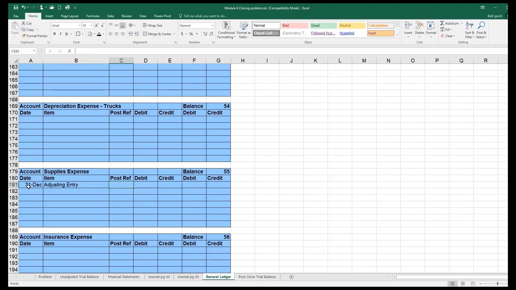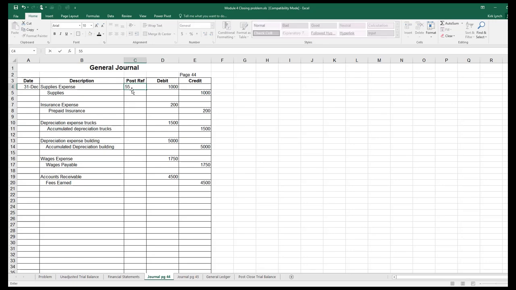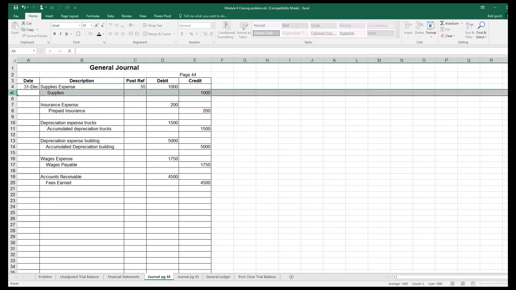The posting reference is page 44 of our general journal, and it was a debit for $1,000. That makes our balance a debit of $1,000. And then we need the account number right here to be the posting reference back in our journal, and that is a 55 for account number 55, and we continue that process.